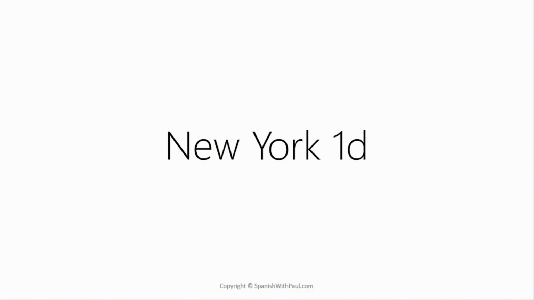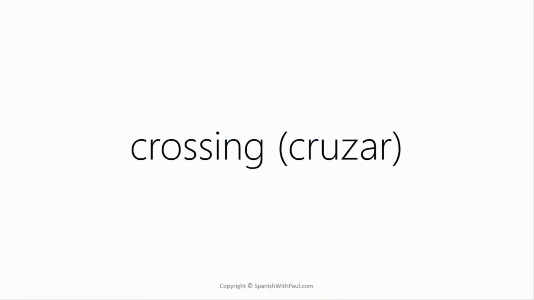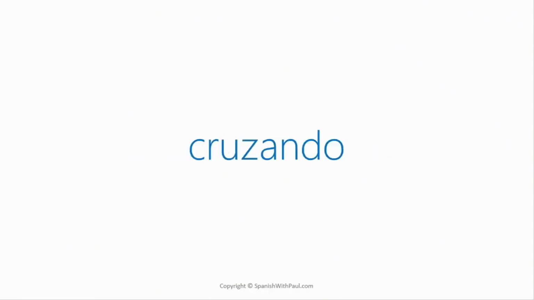Let's add a very useful verb into the mix of this vocabulary. So we have here to cross, and that would be cruzar. So it's not that difficult to remember. Cruzar is to cross. So we have an AR verb, cruzar. How would you say crossing with that ing? Cruzando.